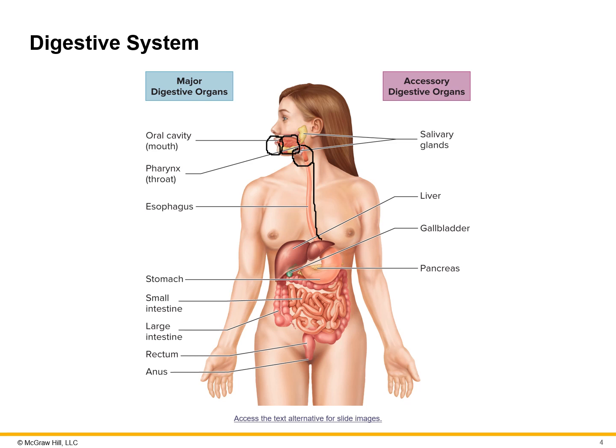And it's going to dump bolus into this muscular sac right here, which is your stomach. From the stomach, you open up into the proximal side of the small intestine. And the small intestine is actually the longest part of this gastrointestinal tube.